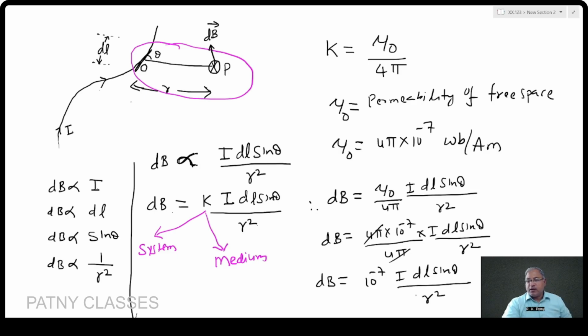Now we can even discuss the Biot Savart law in the vector form. Till now what we developed is the scalar form. How did you come to know that it was a scalar form? Because in the previous discussion we have not talked anything about direction, or about any vectors.